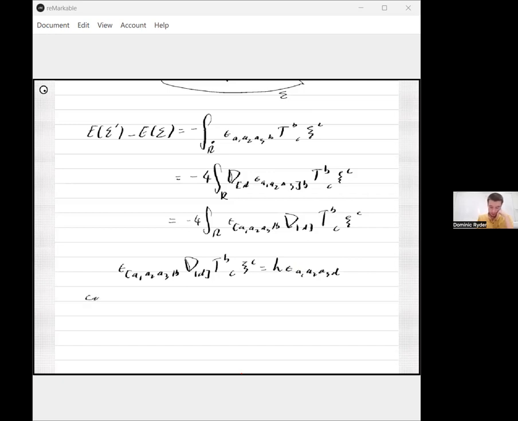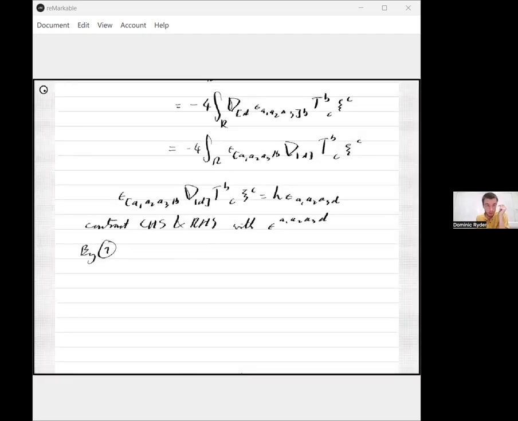Now we contract the left-hand side and the right-hand side with our volume form. And then by equation 1, which I wrote down, which is the contraction of volume forms, remember?